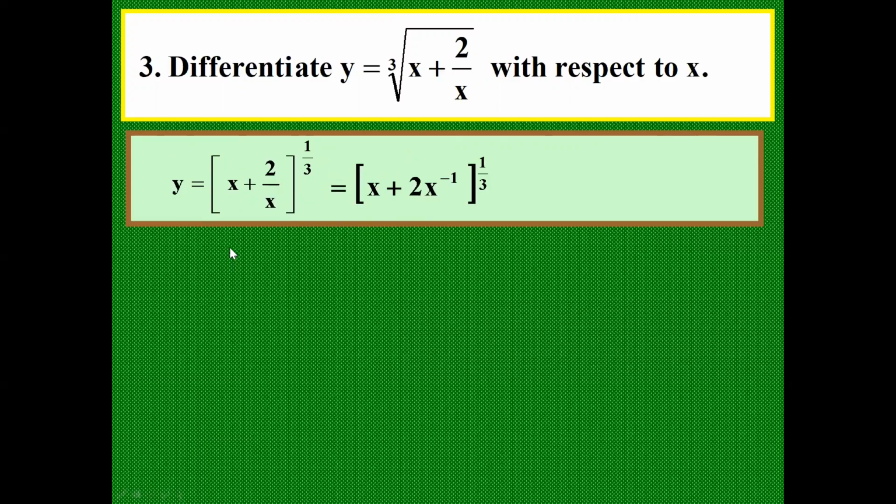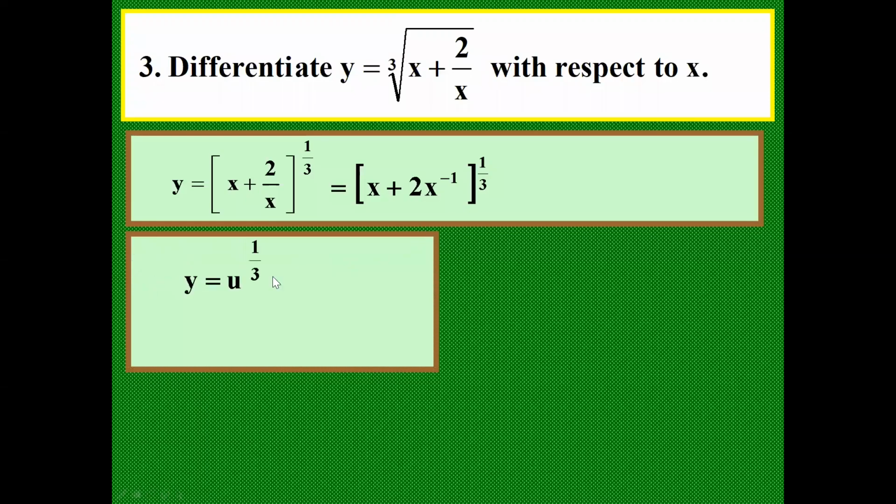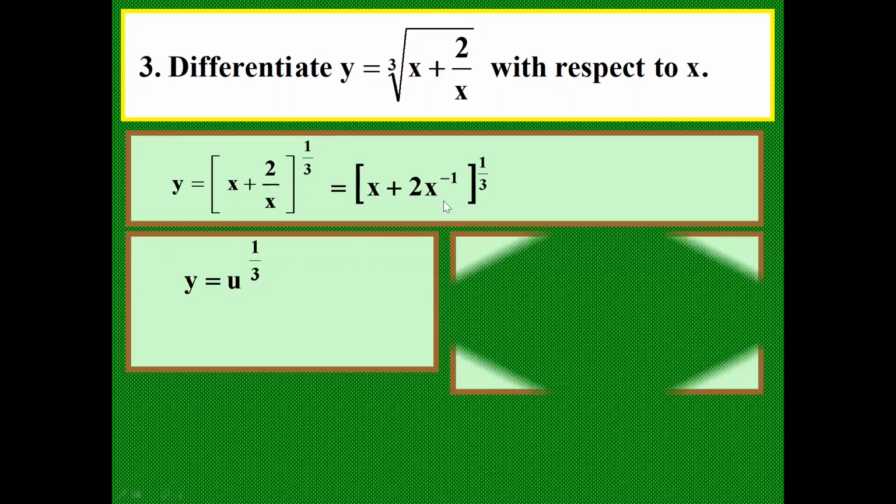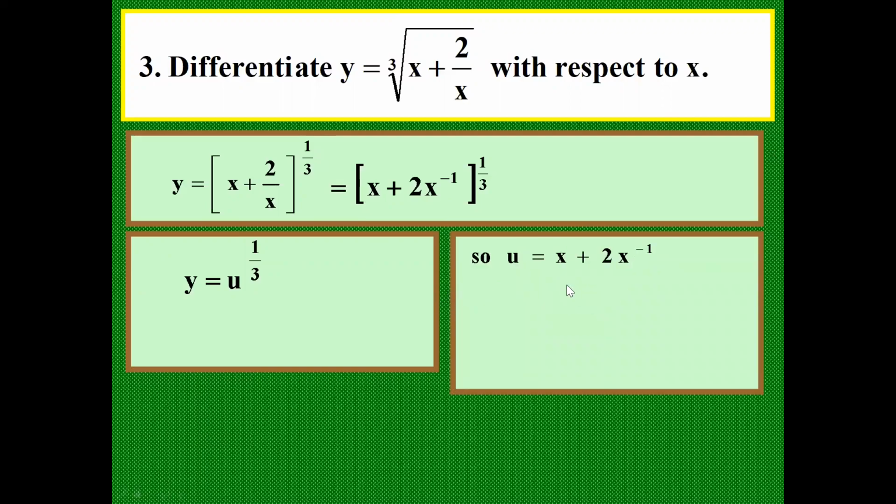But because of this case, 2 over x, I need to bring the index up so that it will be easier for me to differentiate later. So my y is power of 1 over 3, which means whatever is inside here will be my u, and my u will be x plus 2x power of negative 1.